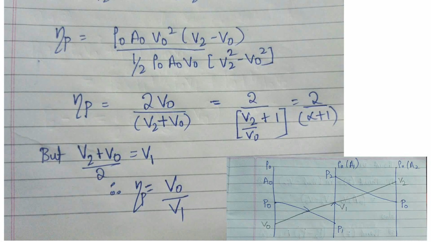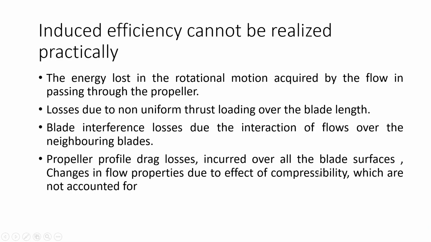So like I said, it is only talking about how much thrust can be obtained for a given diameter of the propeller. Okay, so since it is not addressing a lot of properties here, this efficiency what you calculate is not the actual efficiency.